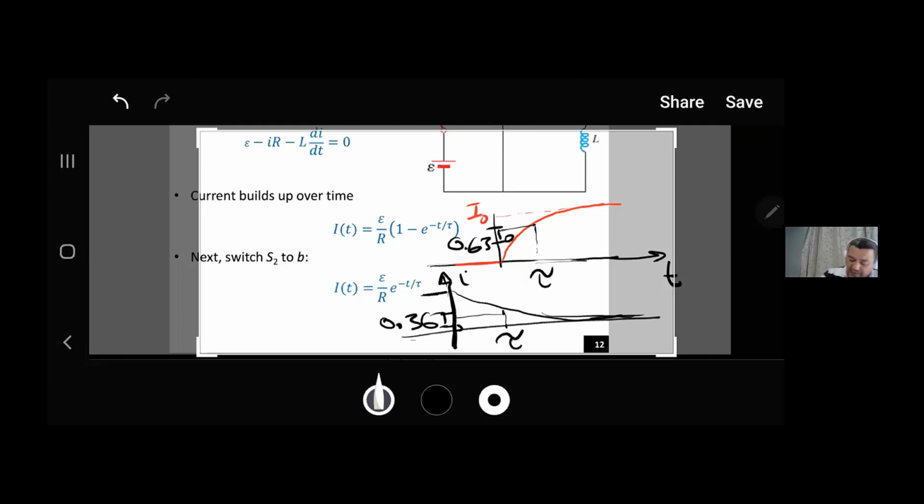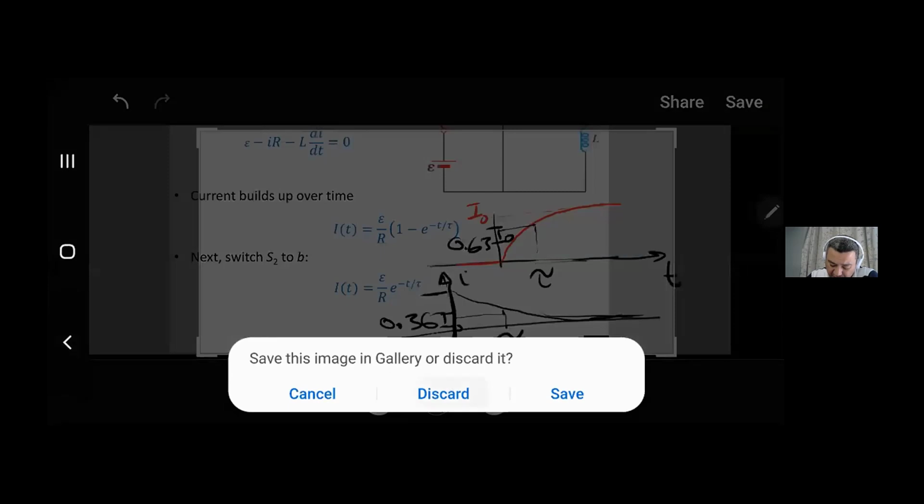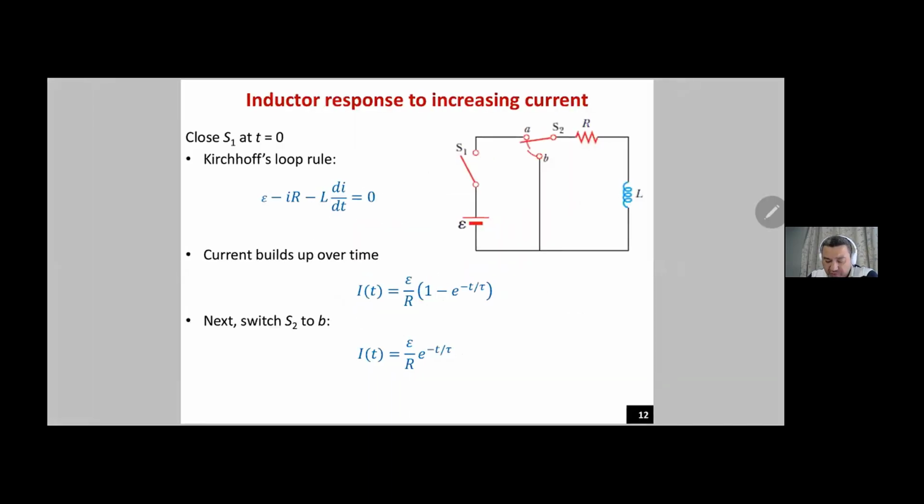I'm going to come to this in the coming example, how we treat the inductor under several conditions. But what we need to know is that the value of the current in the inductor is also changing exponentially.